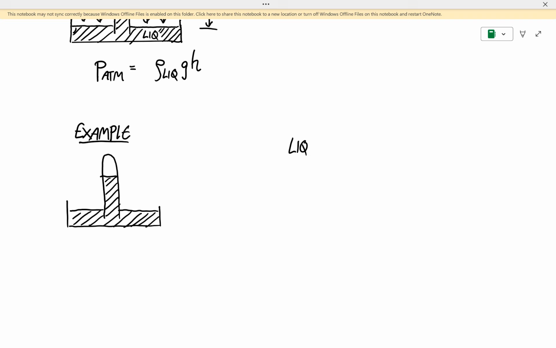Let's say that as our liquid, we use mercury. And we need to know the density of mercury in order to do this calculation. It is 13,690 kilograms per cubic meter.